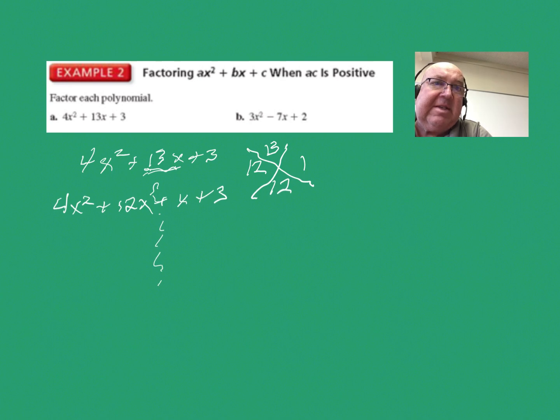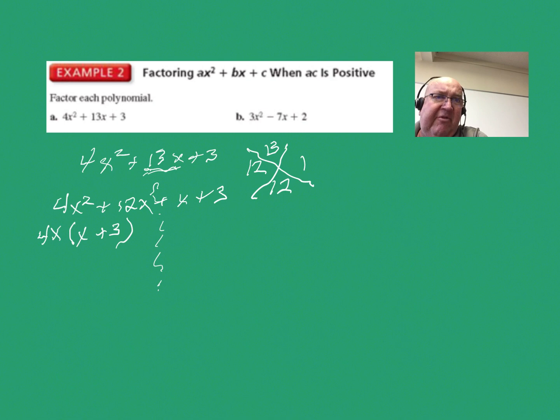So I'm going to split this in half, and I'm going to look for a common factor among the first two terms over here. I can see that both of them have an x, and I know that both of them can be divided by 4. So we're going to take out 4x, and that's going to leave x plus 3. I look at the term on the other side.